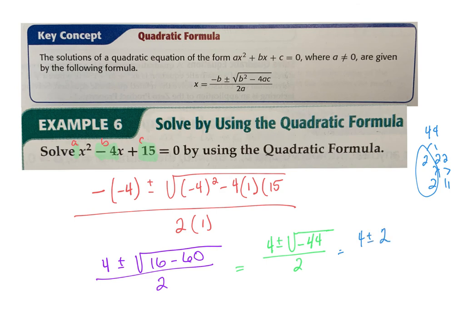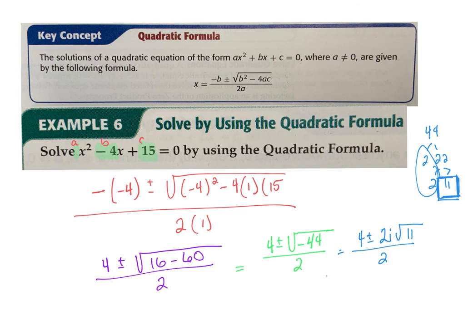How do I take a negative out of a root? What do I represent it with? i. And then inside the root is what could not come out, right? If it has a pair, it can go out. If it's single, it stays in. 11 stays in, over 2. You are going to simplify these just like you did your imaginary numbers, okay?